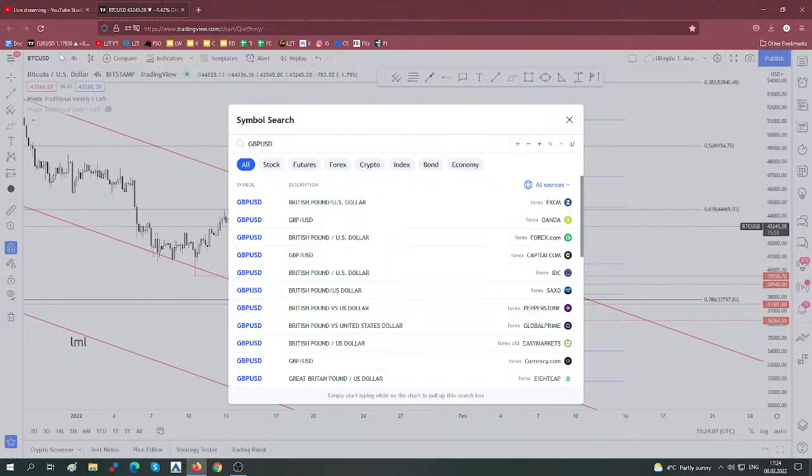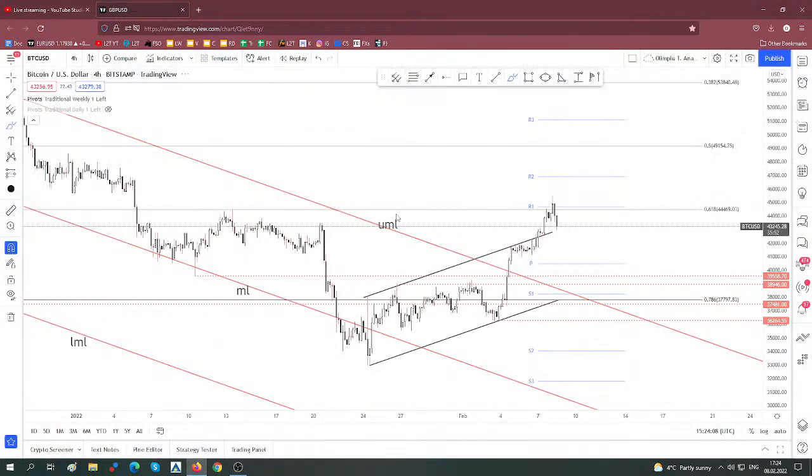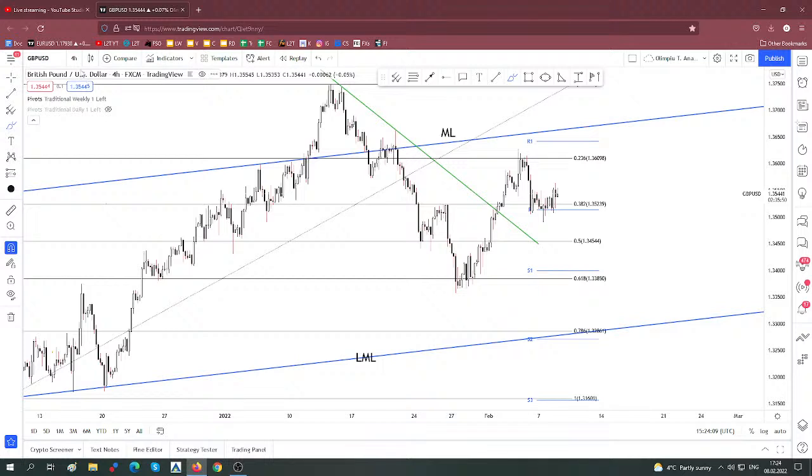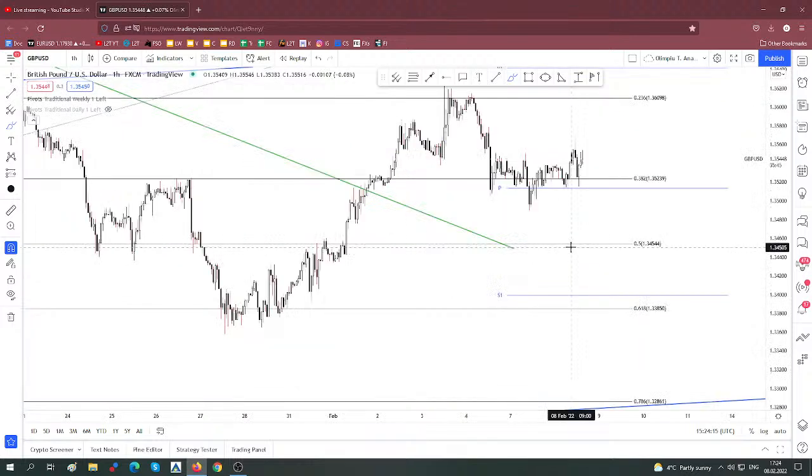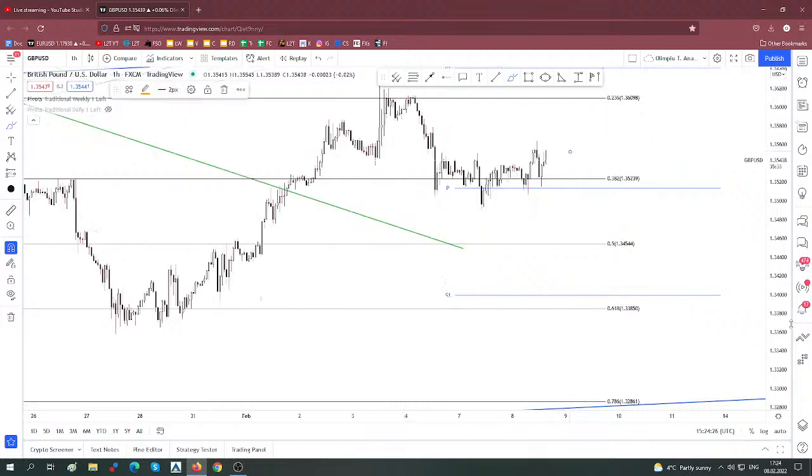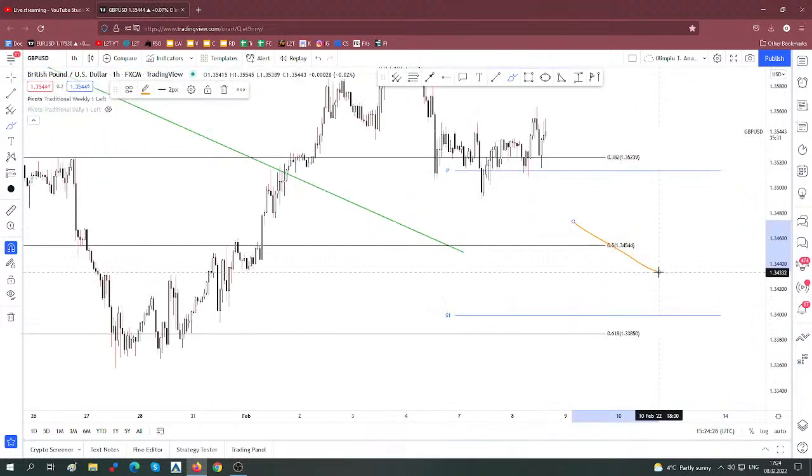So British pound, US dollar. I don't understand your message, Alan. 1.3552. Why? I don't understand.